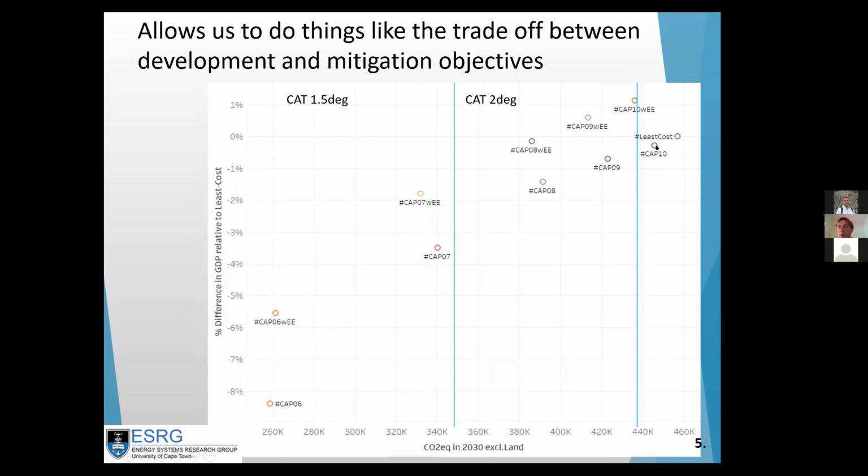In both scenarios, we're imposing a cumulative cap to 2050, and we're reducing that carbon space available to the model, and then seeing the impact it has on the CO2 eq in 2030 and the GDP impact. This is without energy efficiency, and this is with more optimistic energy efficiency.